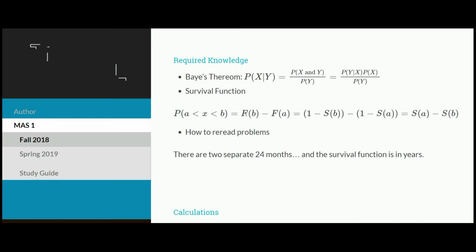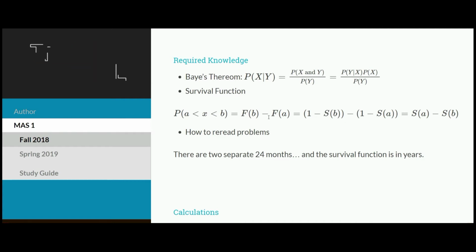If we want it in terms of survival functions, you just sub in 1 minus S of that value for F, and then this all simplifies, the ones cancel, and the negatives flip. So when you want to find a range, instead of F of b minus F of a, it's S of a, the lower value, minus S of b. Not really something worth memorizing, but I thought I'd take a moment to walk through that.